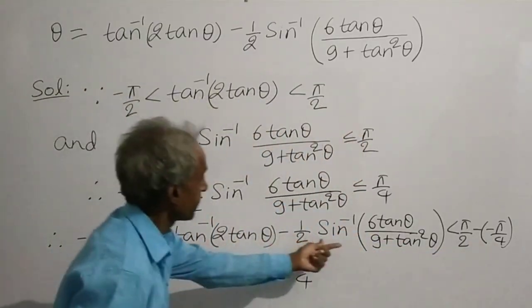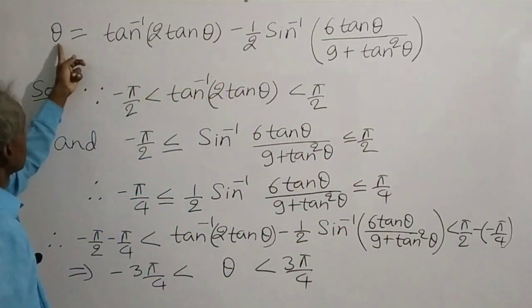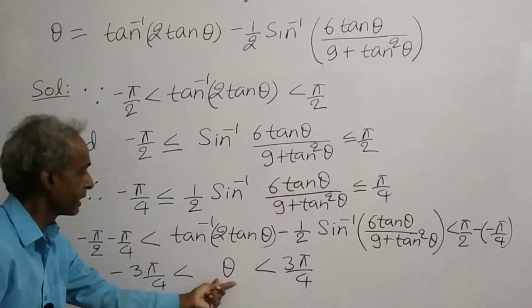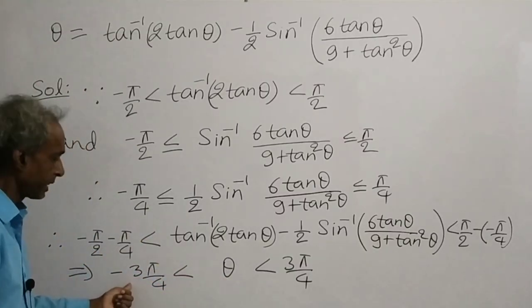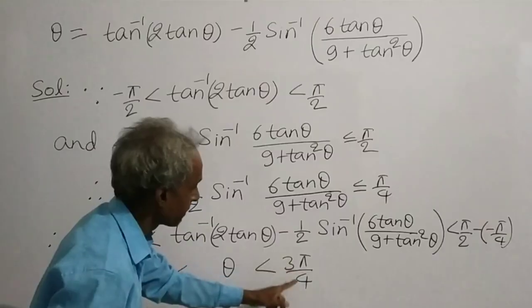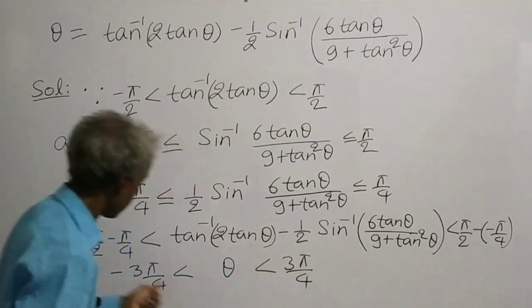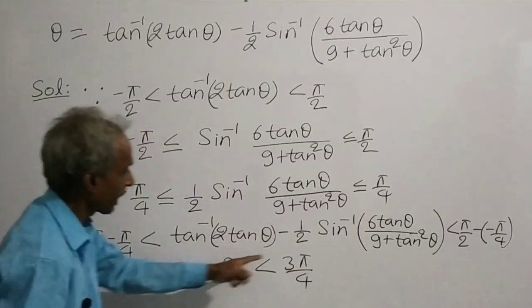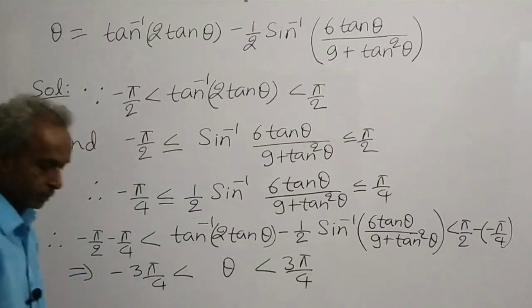But this is equal to theta, that means theta lies between minus 3 pi by 4 and 3 pi by 4.